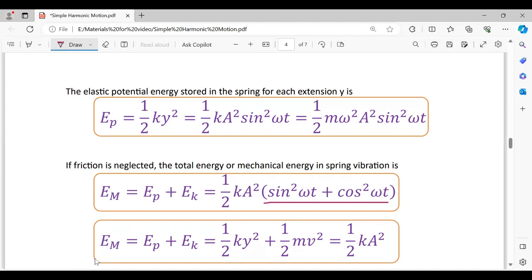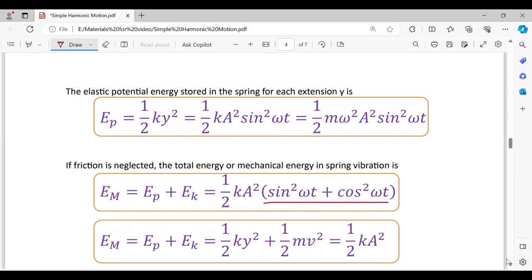Now this formula becomes half k y squared plus half m v squared, or we can simplify it to half k a squared.